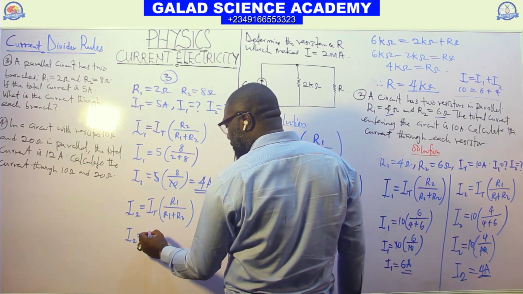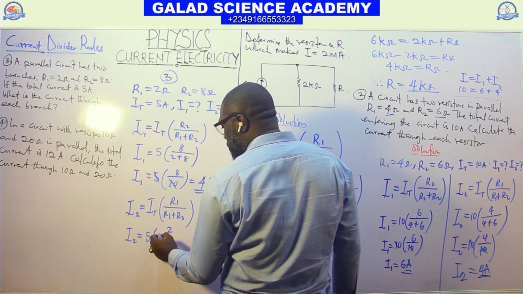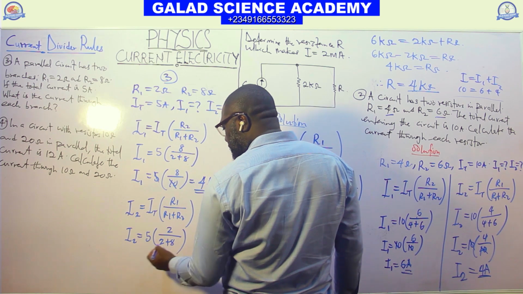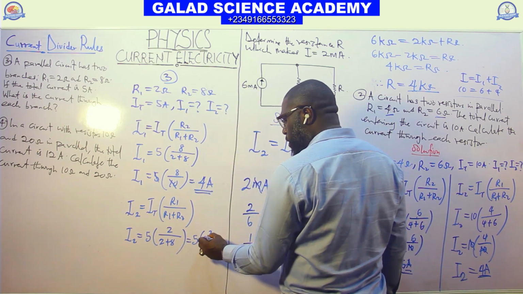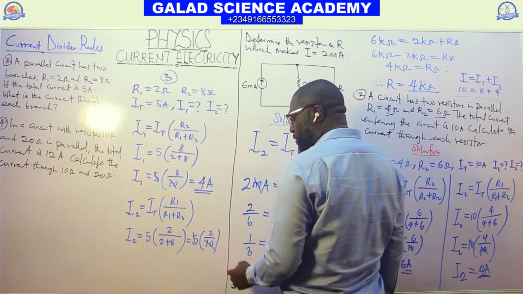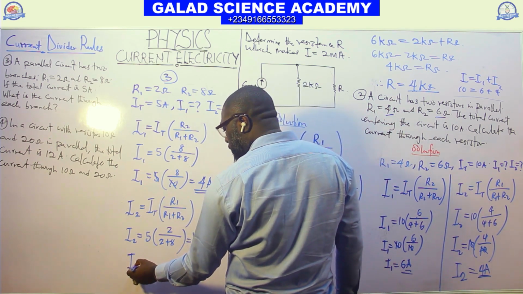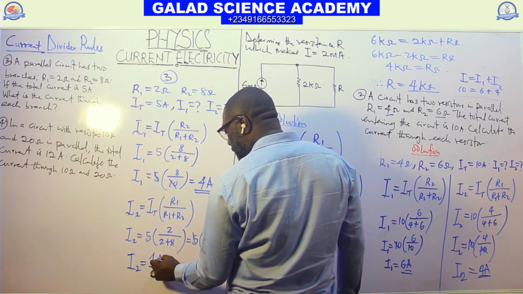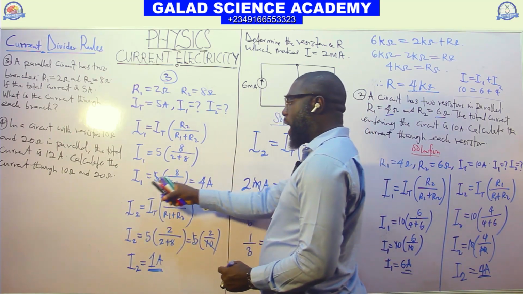Total given is 5 ampere. R1 is 2 over 2 plus 8, which is 10. So this will give us 5 into 2 over 10. 5 goes into 10 twice, 2 divided by 2 is 1. So I2 will be 1 ampere.